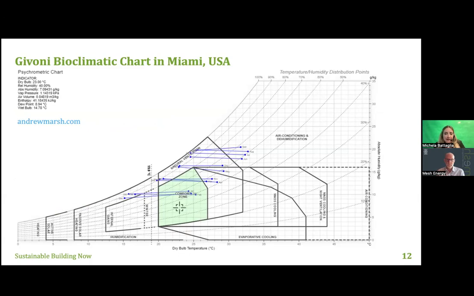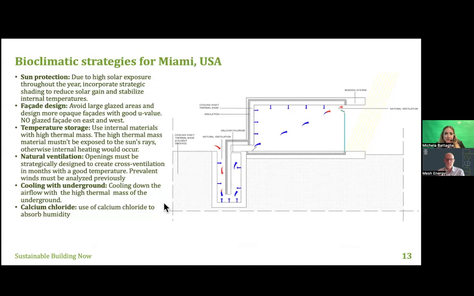So by incorporating high thermal mass and natural ventilation, as you can see here, natural ventilation from here, high thermal mass inside the building, and also incorporating a shading system on the glazed part of the building, we can achieve thermal comfort inside the building. In Miami, we could also use calcium chloride because it's also a humid zone. And we could also keep the cool underground. This is not possible in Dubai because the underground is too hot, also in winter.